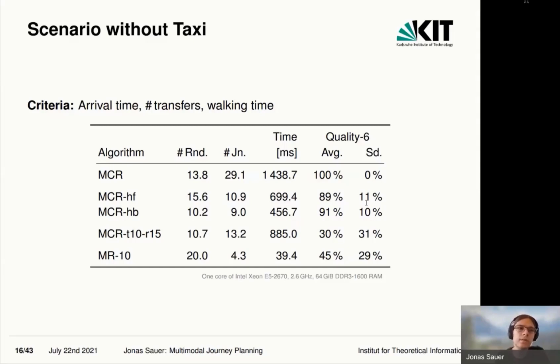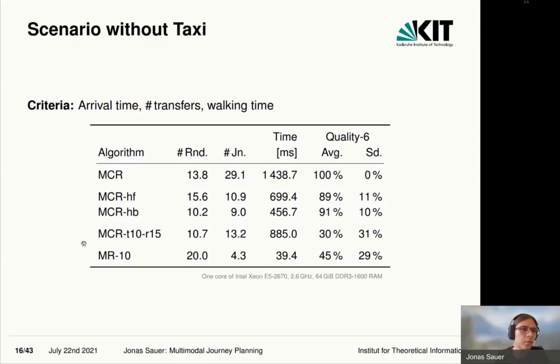Which is with a standard deviation of 11%. So you do have some deviation in there, but not too huge. Then the bucket version performs even better. We get slightly better running times. The quality is actually higher.